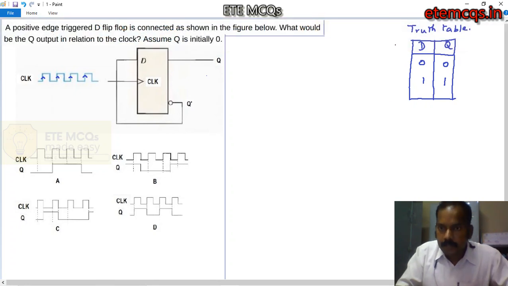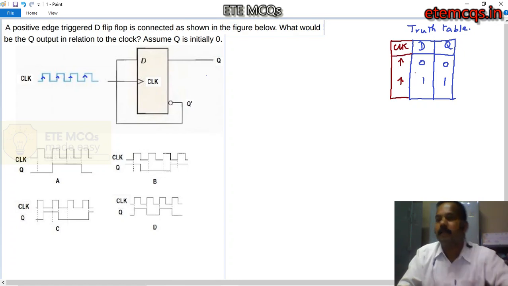And this can happen only at the respective edge triggering of the clock pulse. Since it is a positive edge triggered flip-flop, only at the rising edge of the clock signal will this input be processed and the output produced.